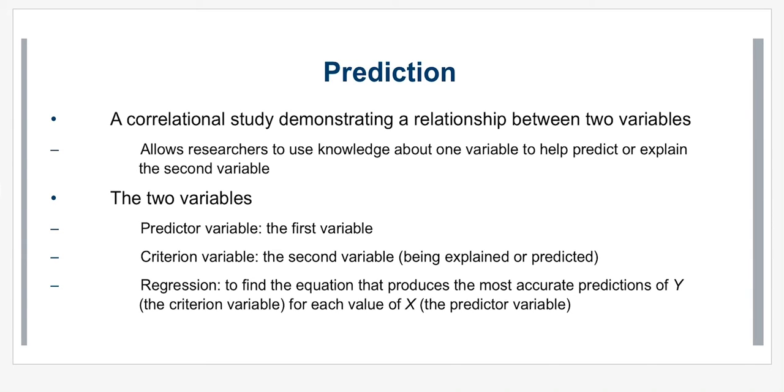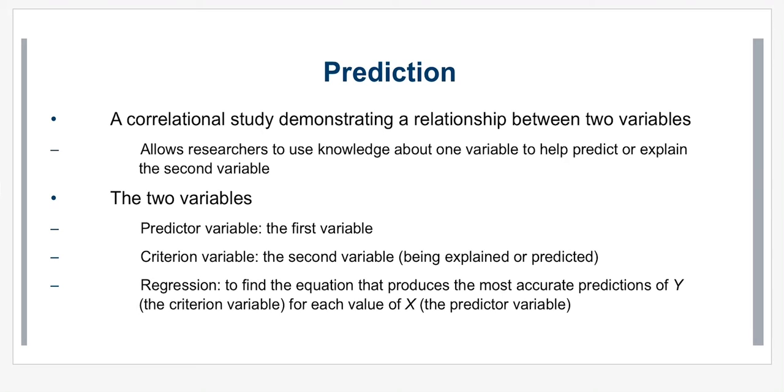So they found an equation that most accurately predicted the problem solving scores for each of the affect or low depression scores. And by doing that, they were able to predict what the problem solving ability would be based on the predictor variable of their depression or affect scores.